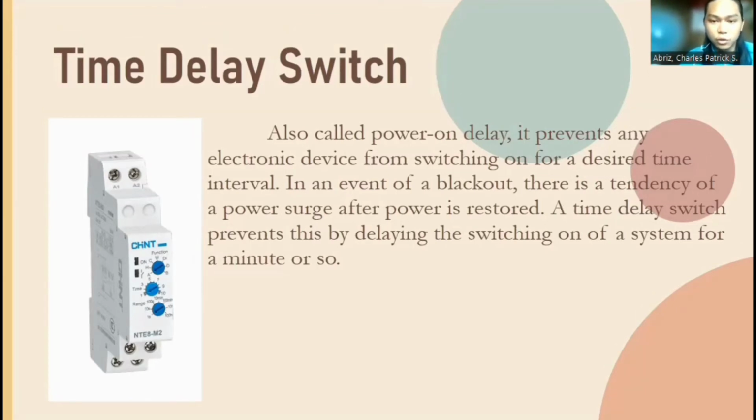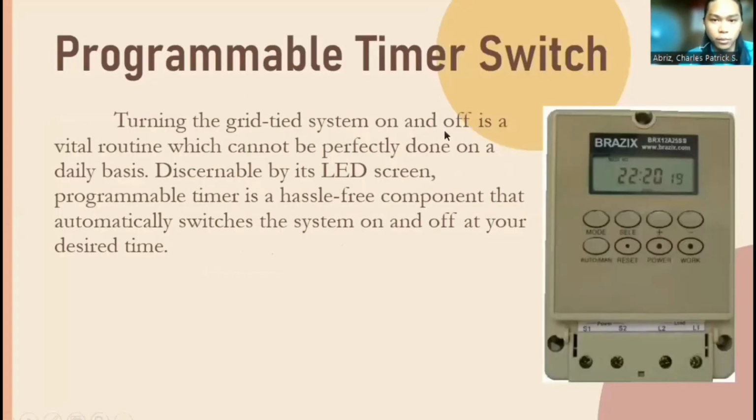This is not only to prevent problems caused by blackouts. Grid tie systems are constantly switched on and off, and having a time delay switch prevents incoming surge as opposed to having it instantly switched on. Next, we have a similar component, the programmable timer switch.